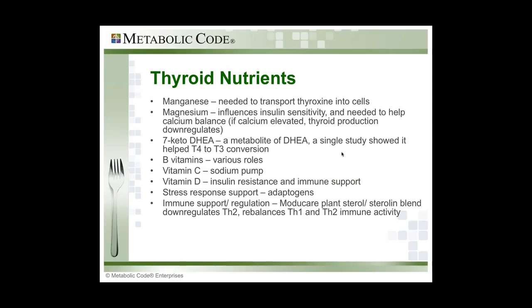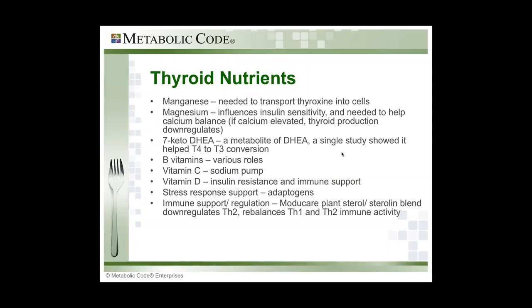So adaptogens like rhodiola, ashwagandha, astragalus, a lot of times you'll see adaptogenic herbs in thyroid supplement blends because they know that the stress response plays such a role in increasing the production of RT3 instead of the active T3 that we want.